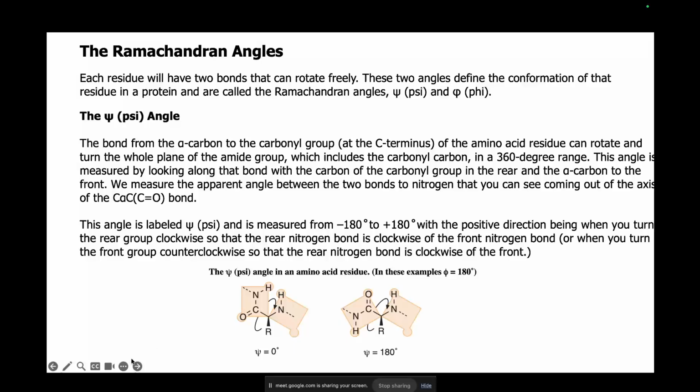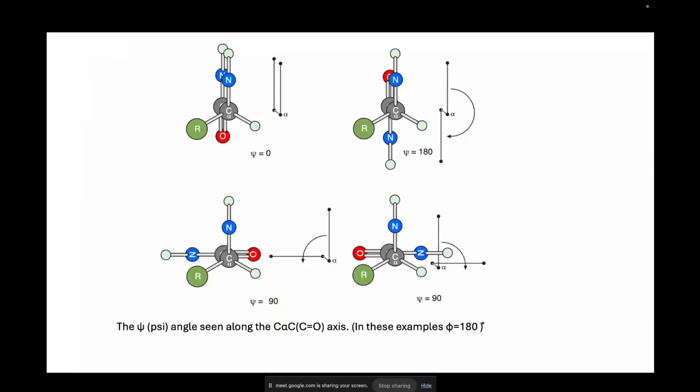So this is the angle that you are measuring, and this particular carbonyl can be facing towards the side chain, or it can be facing away from the side chain. Those are the two extremes, positive 180 and negative 180. Right. So this is the sense of rotation that is possible. So this is basically your initial psi angle.